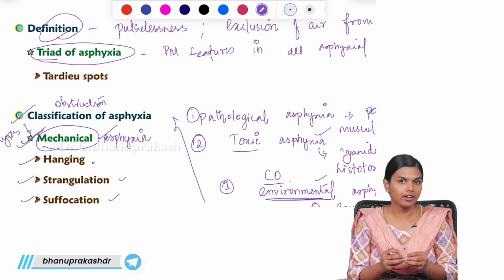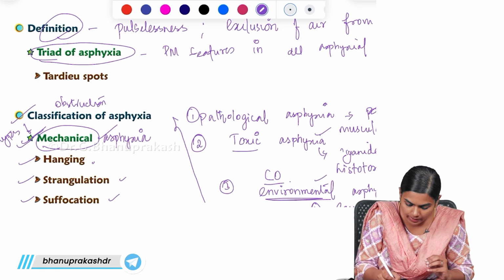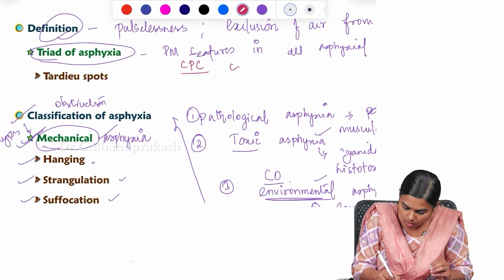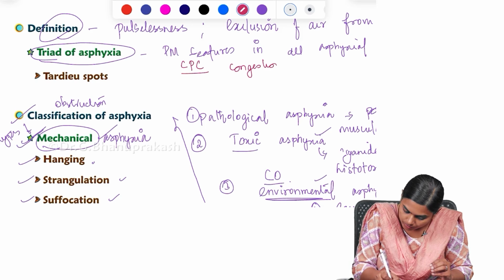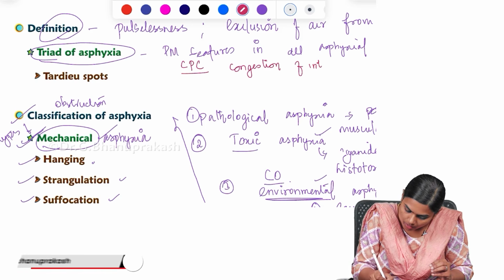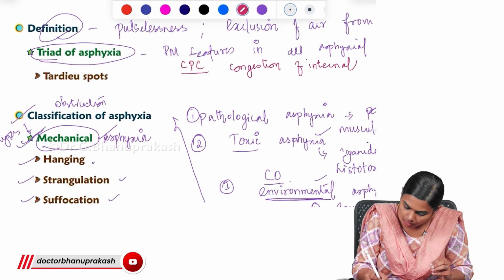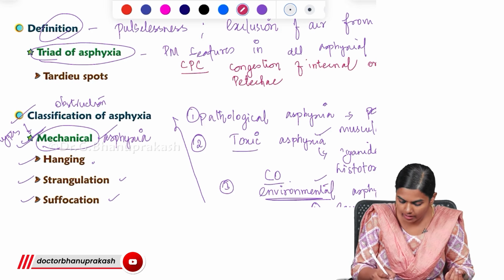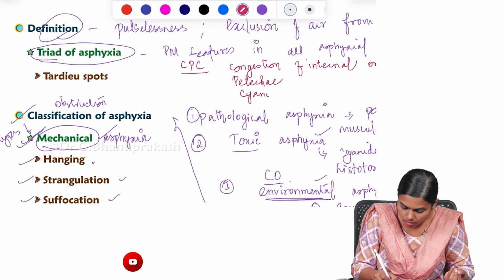So, what are the triad features? You can remember it by the term CPC. C is for congestion of internal organs. Then P is for petechiae. Then C is for cyanosis.